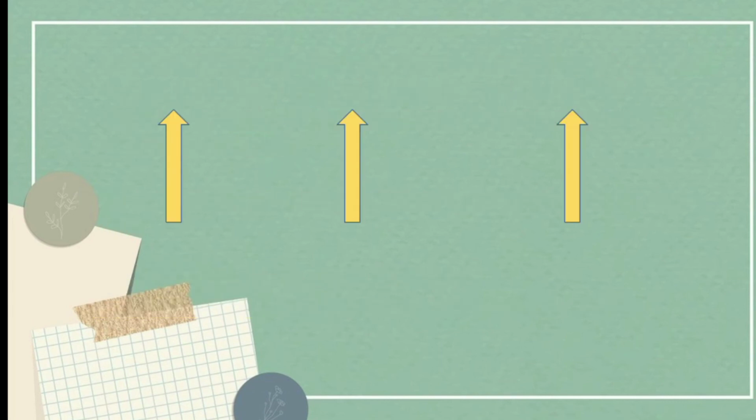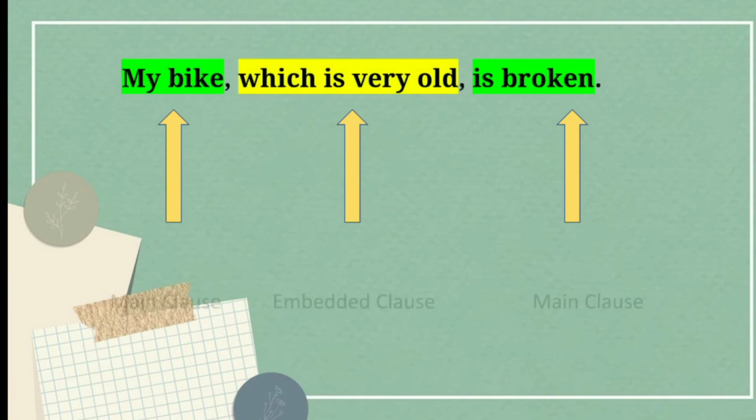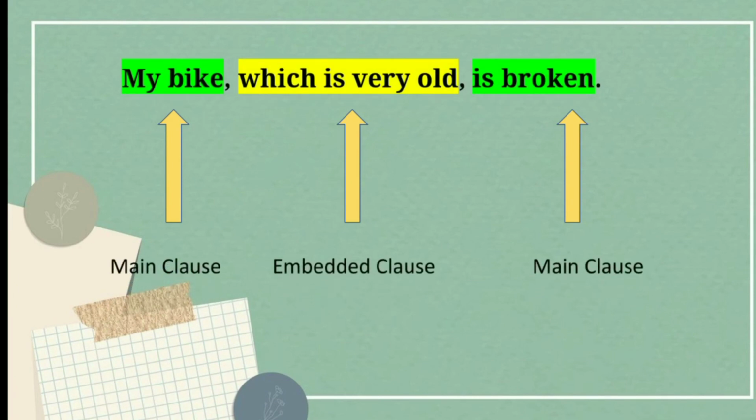Now let me explain this example. We have the main clause and the embedded clause. The main clause: my bike is broken. If we remove the embedded clause, the thought is still complete: my bike is broken.